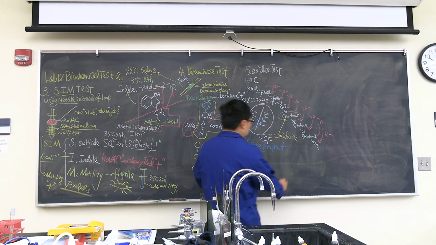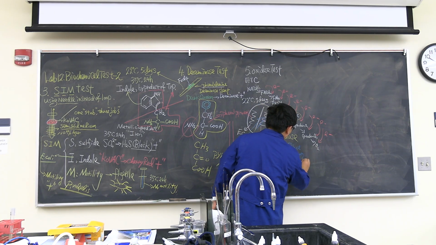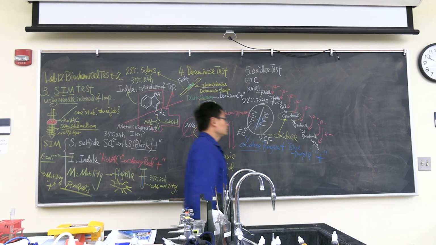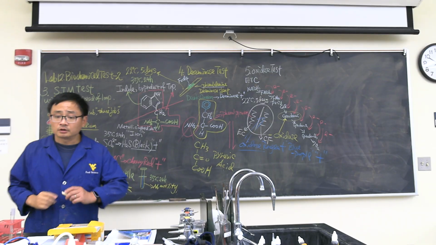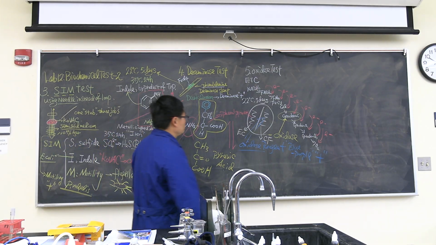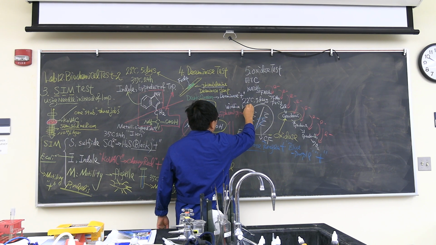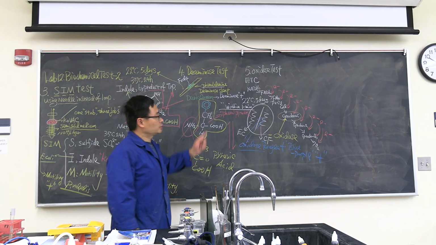If you see it is blue to purple color, it is positive. Otherwise, it is negative. But be careful. Oxidase test you have to do within 1 minute. You cannot do more than that.